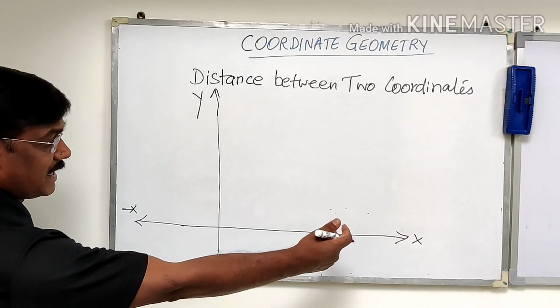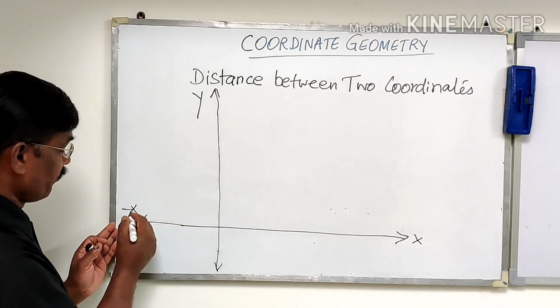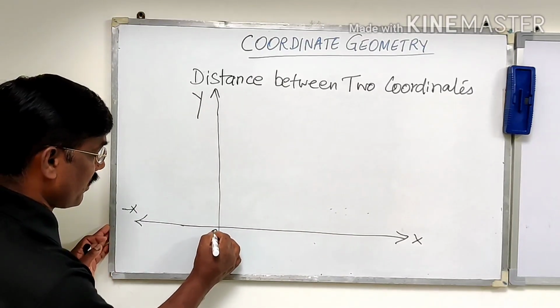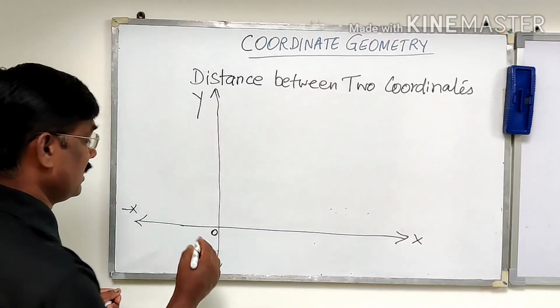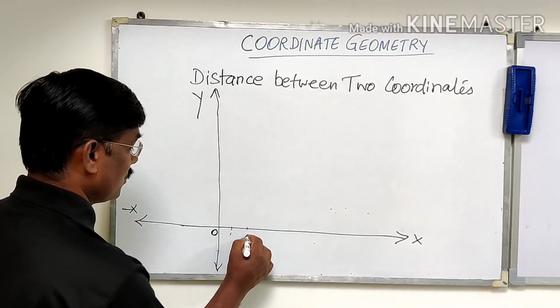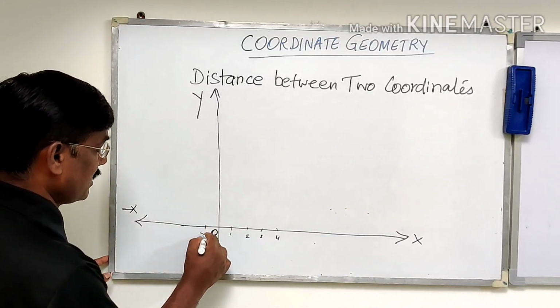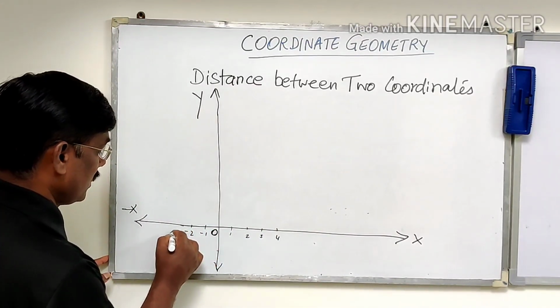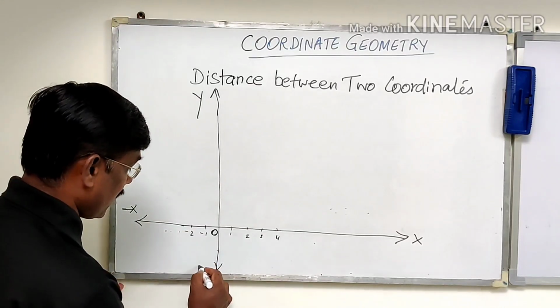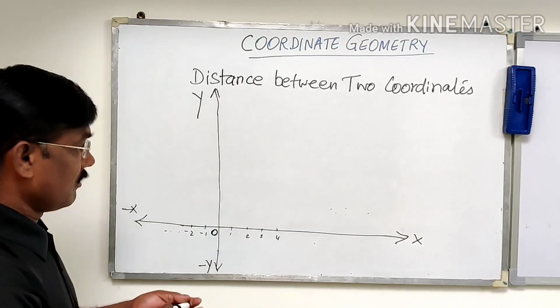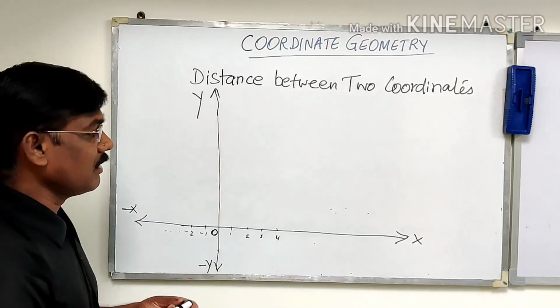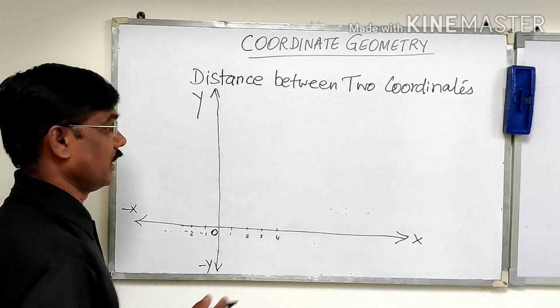If x extends to the left hand side, it's negative, because this is the 0 point, the origin. Here it is 1, 2, 3, 4, positive numbers. Similarly, here it is minus 1, minus 2, etc. Similarly, this is the minus y axis. For the time being, we will concentrate only on the positive x and y coordinates, right?